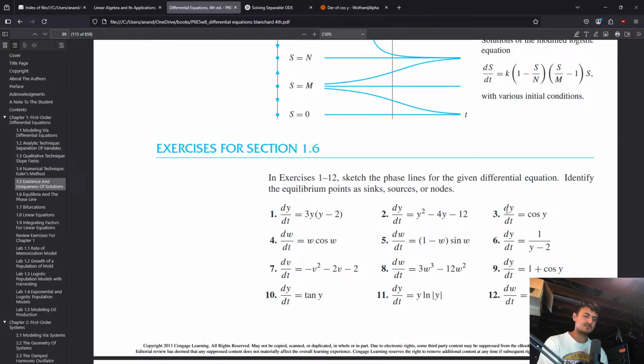All right, this one looks interesting. Number 4. F of W is equal to W cos W. So our zeros are going to be 0 and plus minus pi k, or, wait, what am I trying to say?